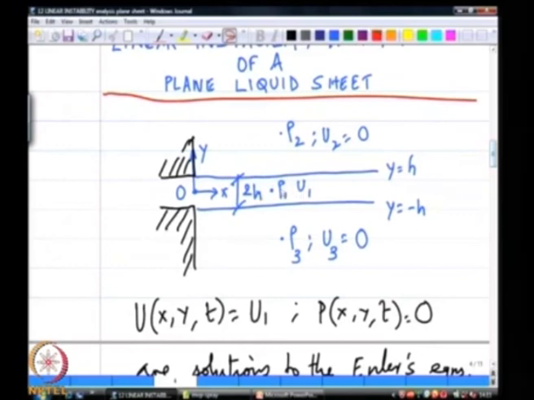Like I said, the sheet is of thickness 2h, the density of the fluid is rho 1 and it is moving with a velocity u 1, uniform in the entire sheet, and rho 3 we are going to set equal to rho 2.